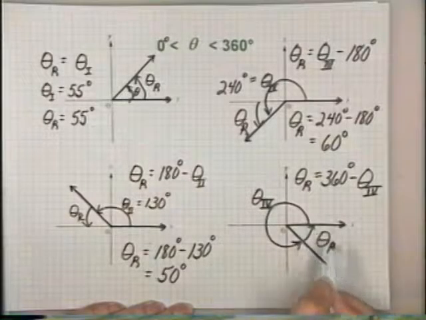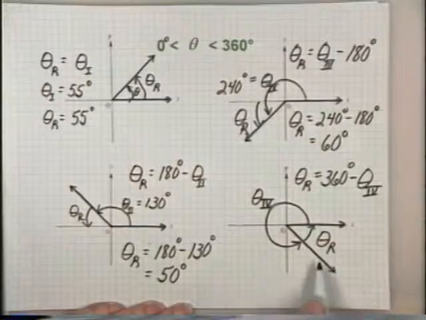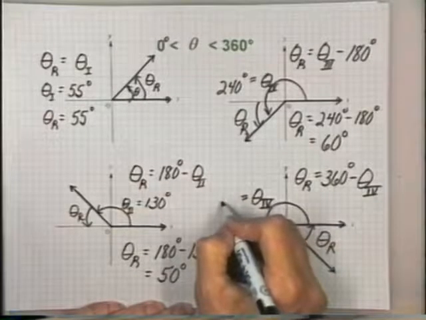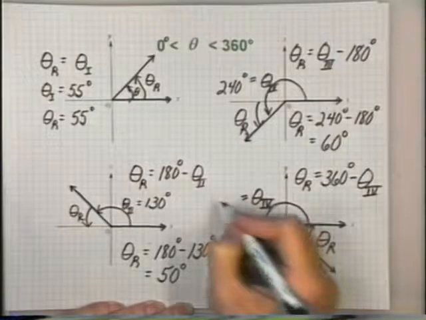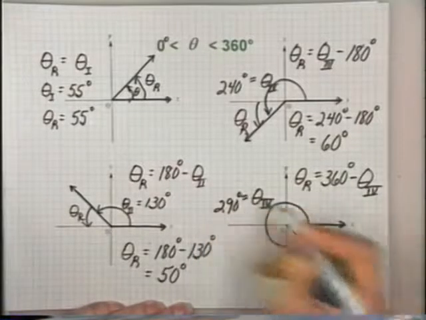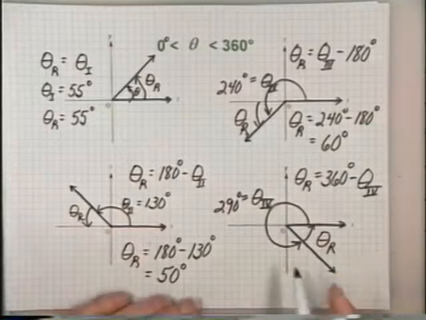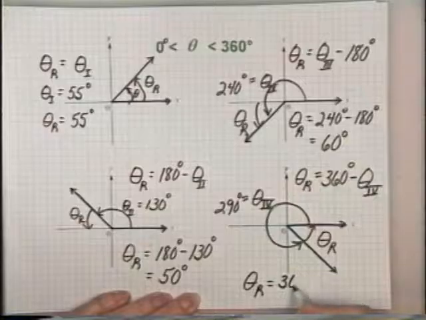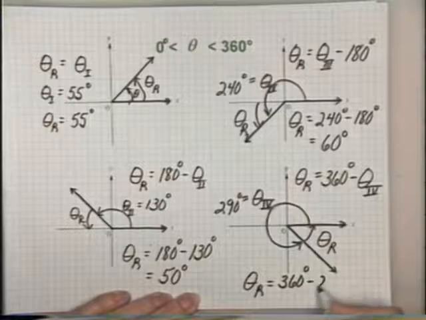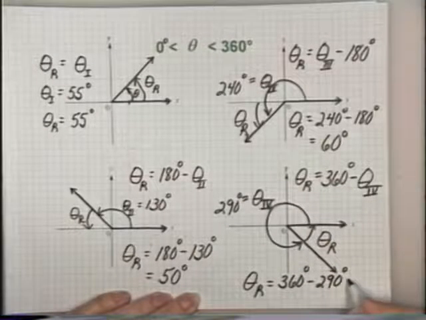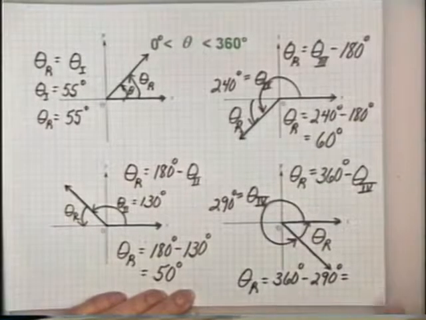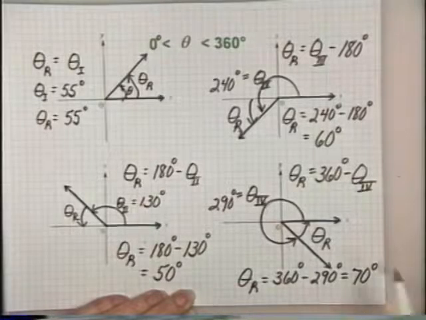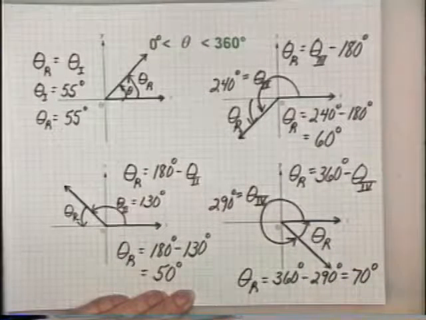So let's see, we'll pretend that this fourth quadrant angle maybe measures 290 degrees. So if we want to find its reference angle, we'll say 360 degrees minus that fourth quadrant angle, which is 290 degrees, and we will find that the reference angle measures 70 degrees. That would be that angle right there.